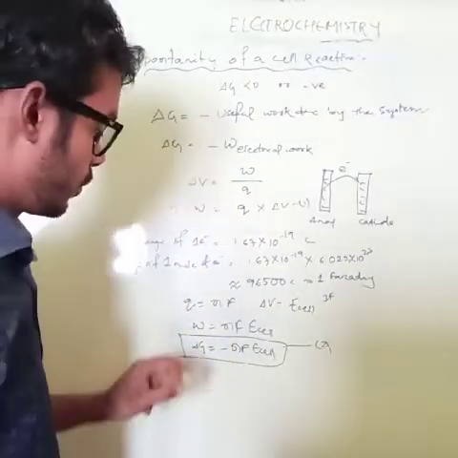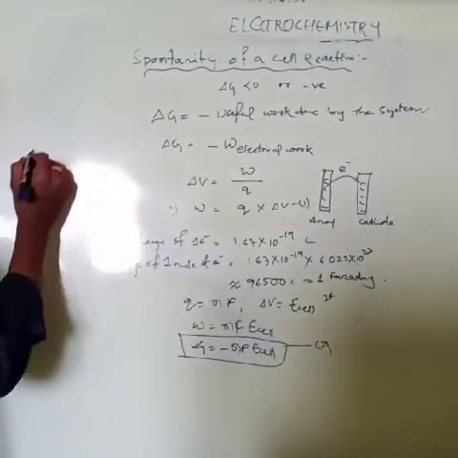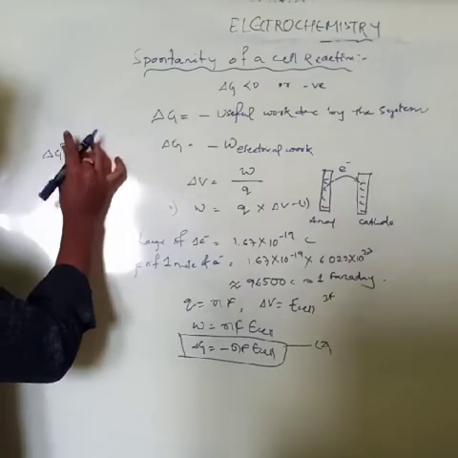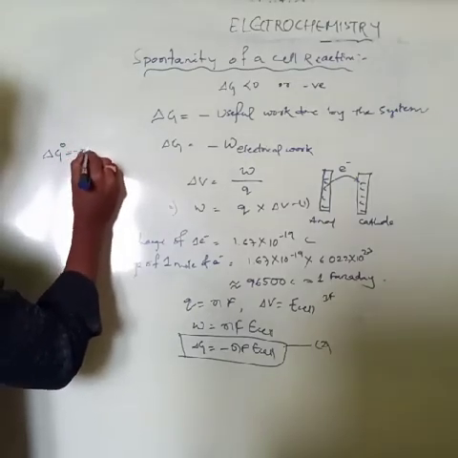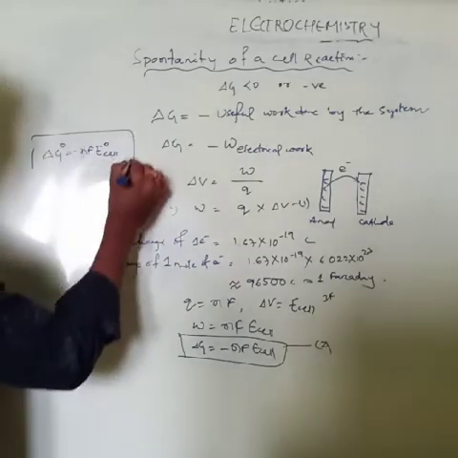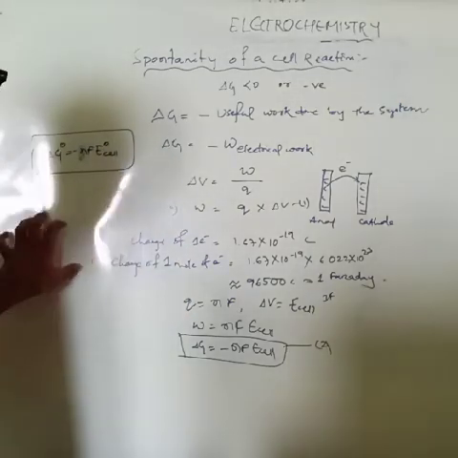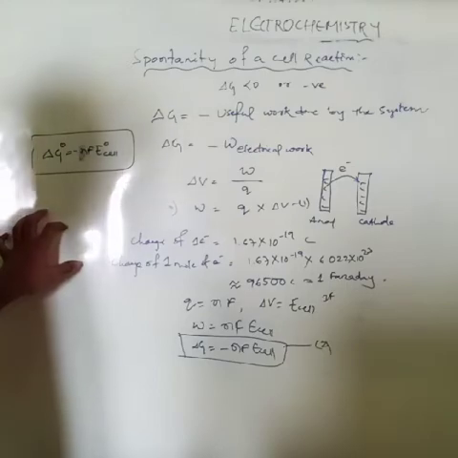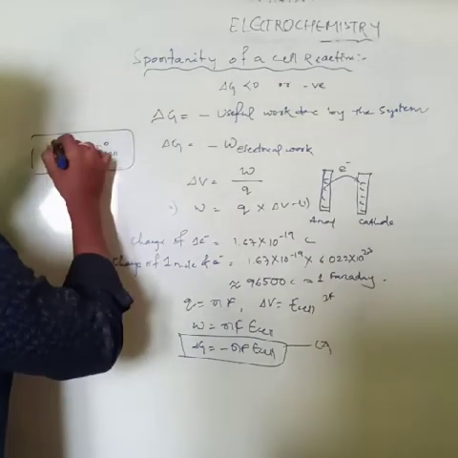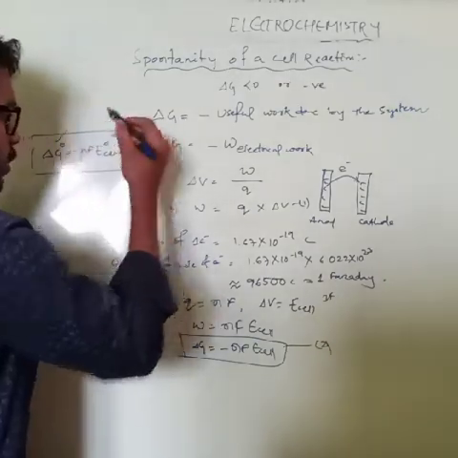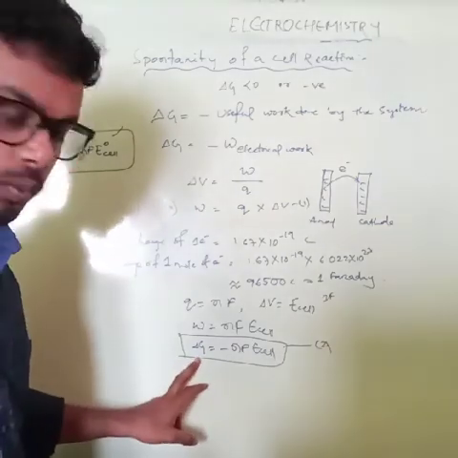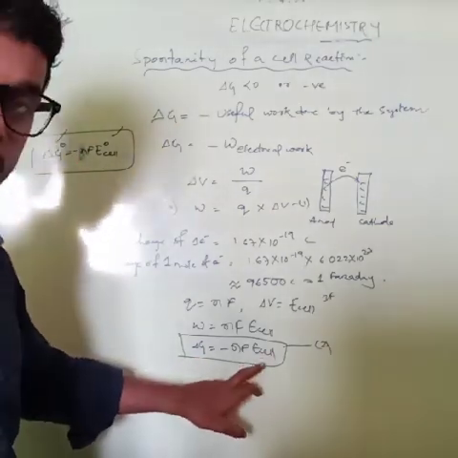And for the standard cell, what will be the value? Formula: del G naught equals minus nF E naught cell. So this del G naught value, E naught value, you can calculate, and this del G value can be calculated if you know the value of E cell.